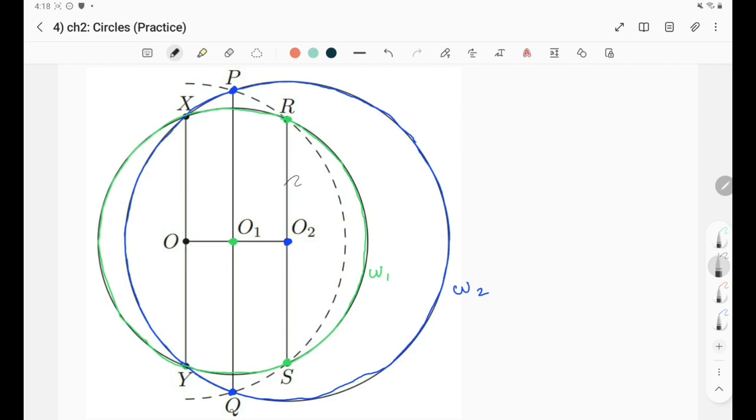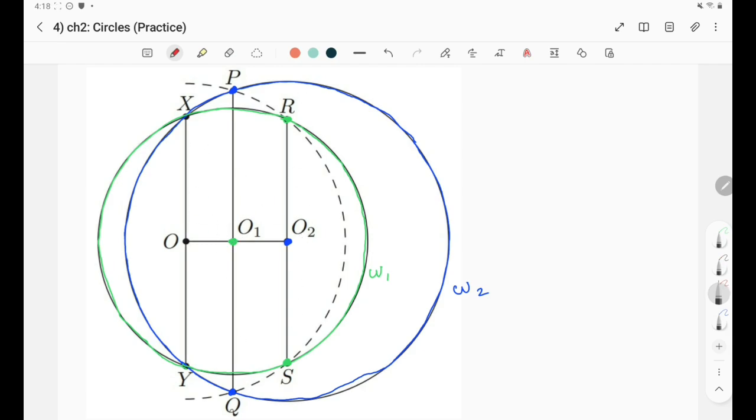As you can see here, I just have the first circle, omega 1, the green circle with center O1, and then we have the other circle, omega 2, the blue one with center O2. And as we said, in this case, the radical axis is XY, and the other 2 lines, PQ and RS, are going to be parallel to XY.